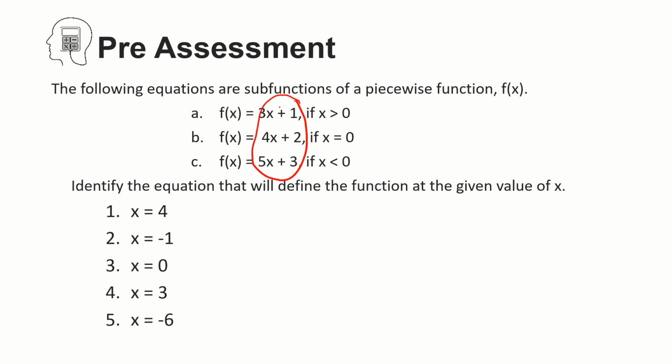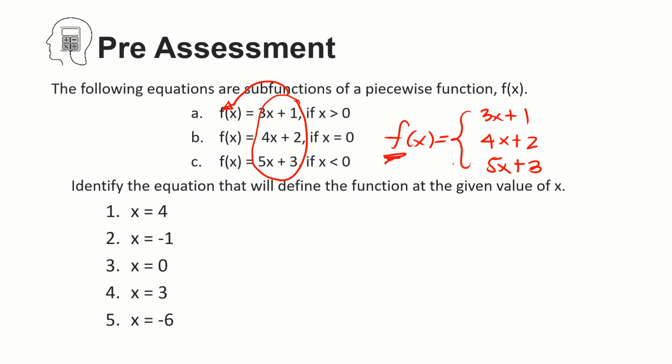So these three define the same function f. Therefore, we can rewrite this as f of x is equal to 3x plus 1 is equal to 4x plus 2 and is equal to 5x plus 3. So we have here three functions that define the same function f.